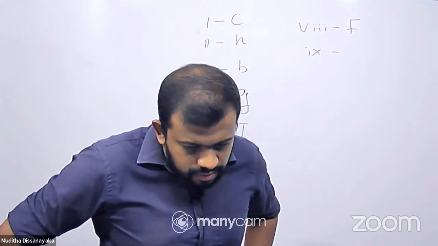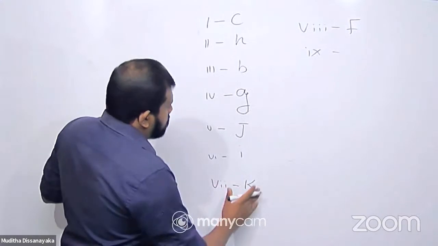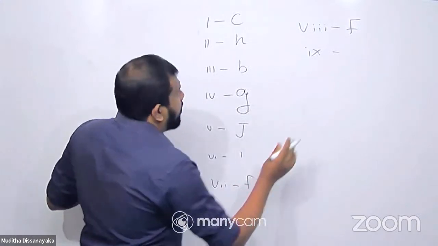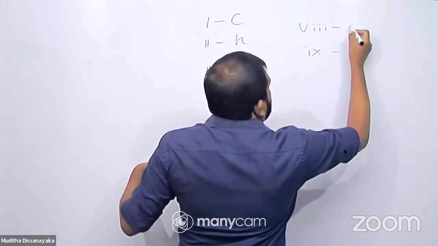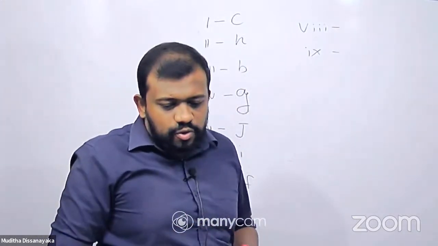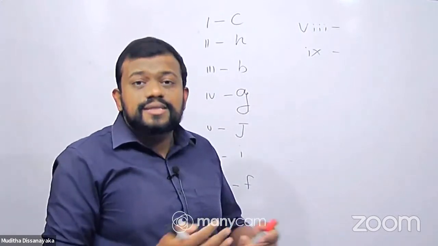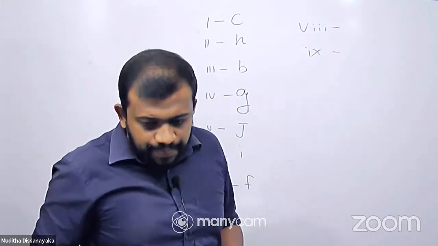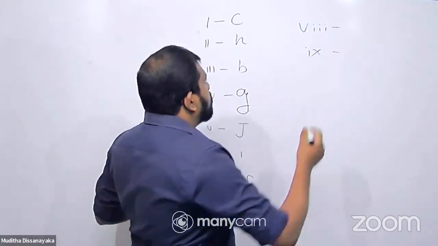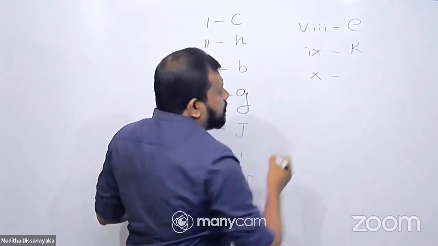Seventh one is ice cream. Eighth one: the total number of protons and neutrons inside the nucleus is stated as, right? Mass number. E.